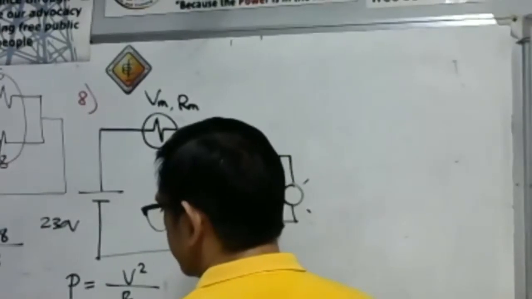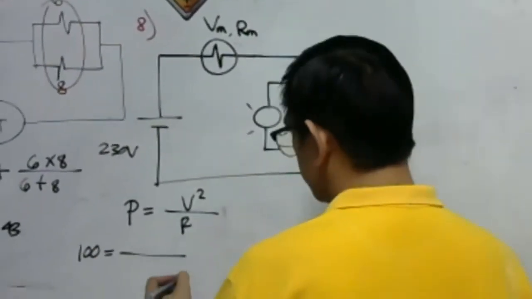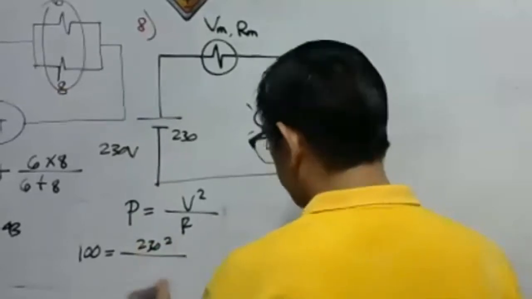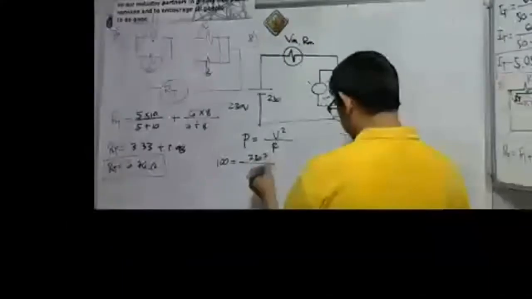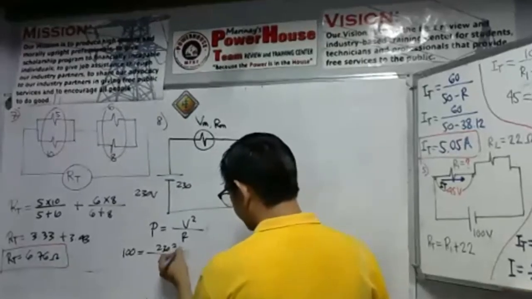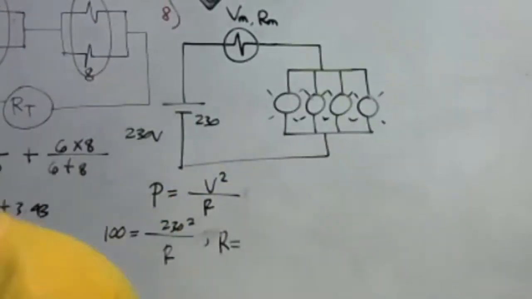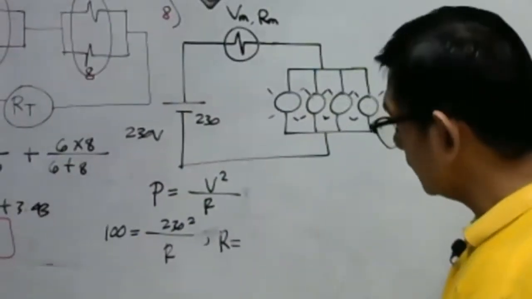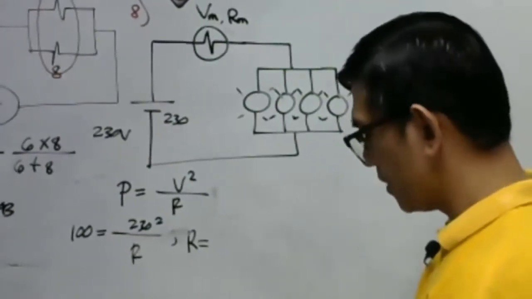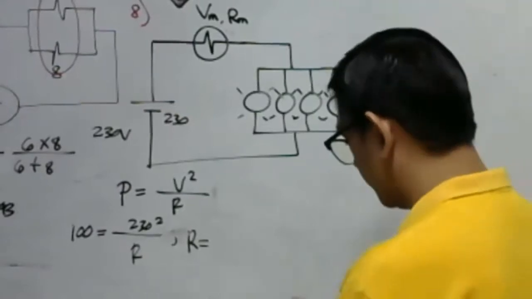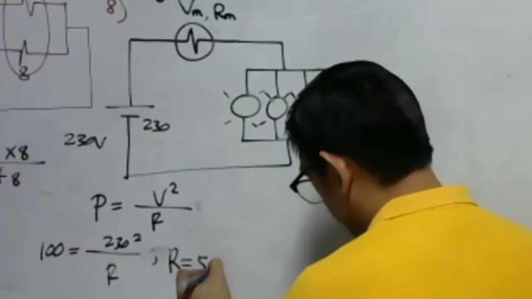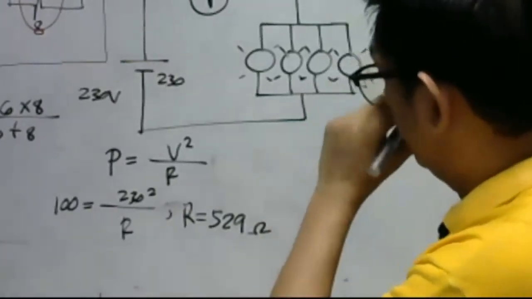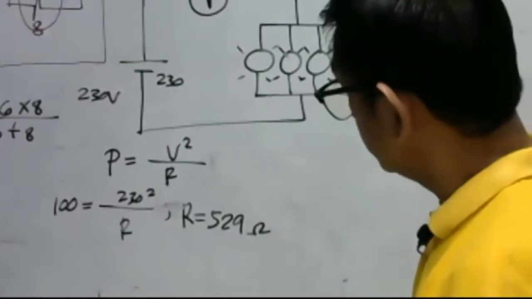We have 100, with our voltage of 230 volts, squared, then divided by R. Let us get the value of R here. 230 squared, divided by 100 equals 529. So that is our resistance.